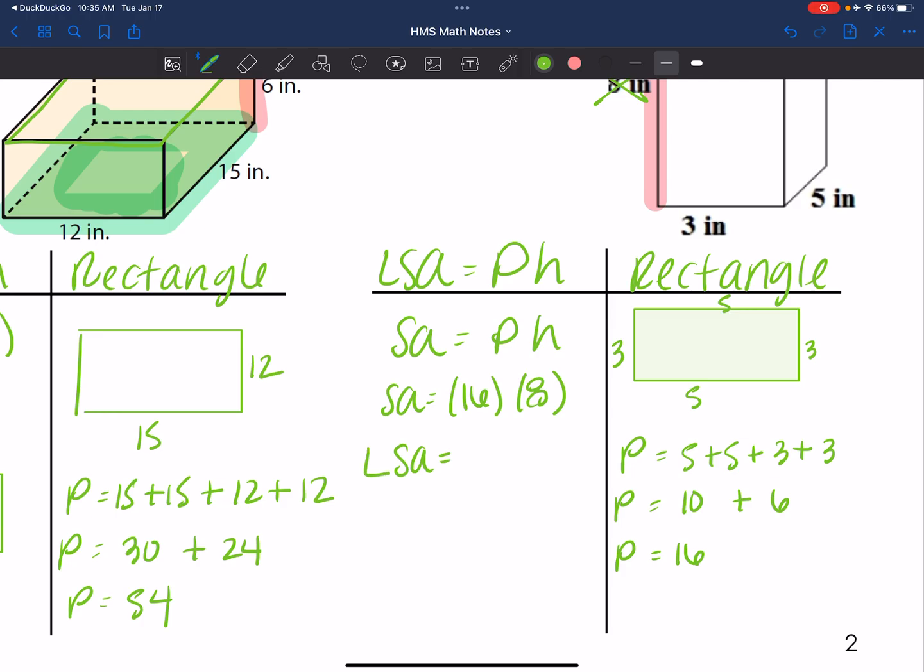And then use my calculator. 16 times 8 equals 128 inches squared.